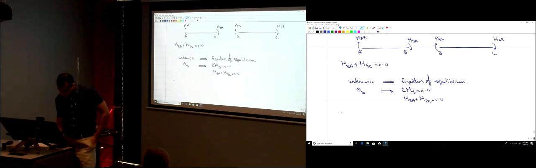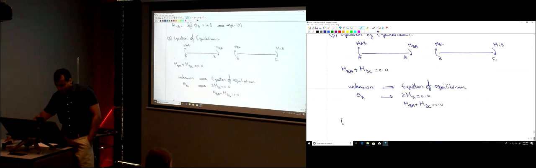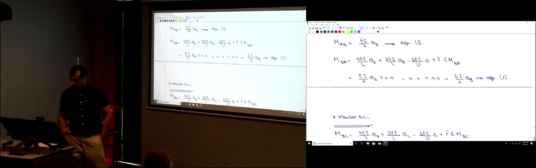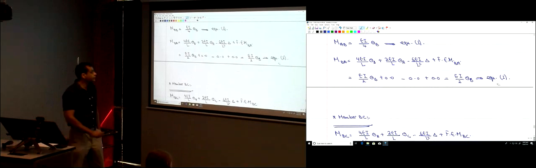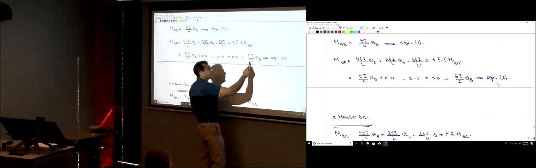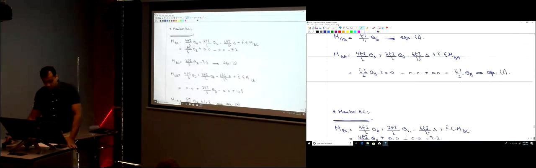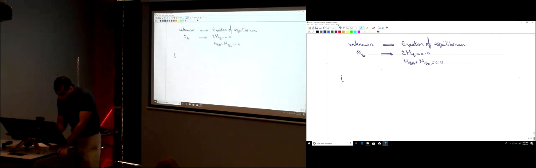How much is MBA? It's here from equation 2. It's EI divided by 2 theta b, right? So let's just copy it from here. EI divided by 2 theta b.